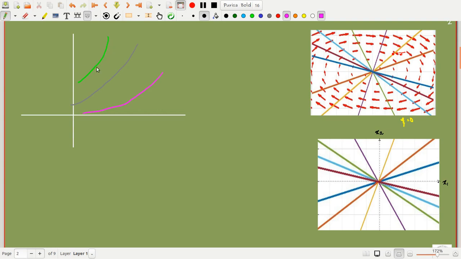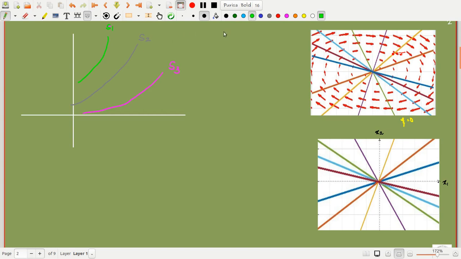The green line, let the slope of the green line be S1. Let the slope of the points of the gray line be S2. Pink line, let it be S3. So tan inverse of S1, let it be theta 1.